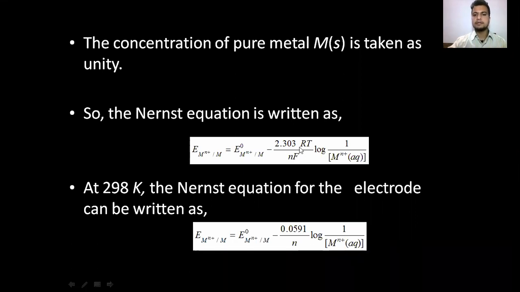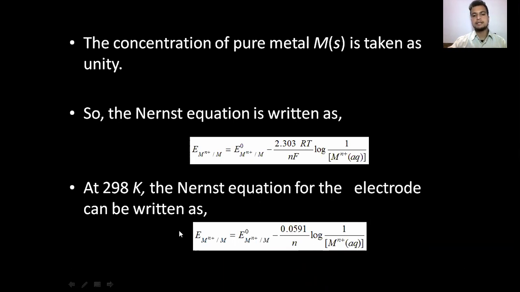If I put these values in and simplify, I get 0.0591, which is another form of the Nernst equation. Remember that you can use this form when they mention that the temperature is 298 Kelvin, instead of the previous one.